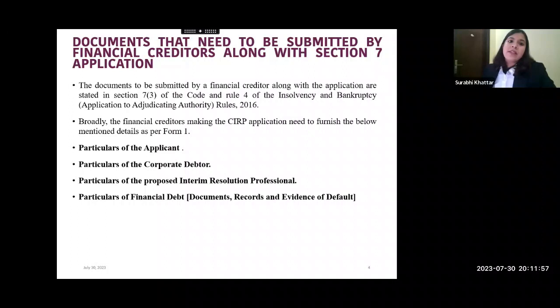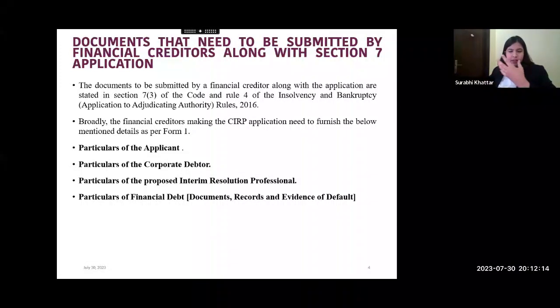If there is a record with CIBIL or CRILIC, those documents can also constitute evidence of default. Other than this, there are some other documents that need to be provided for security: all the security that is held by the financial creditor, and the records with the ROC for creation of that security. Those documents also need to be provided along with it.